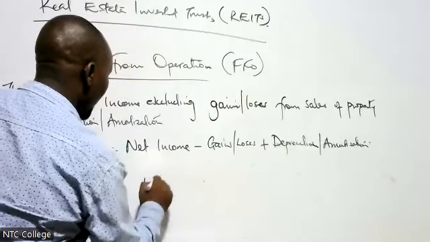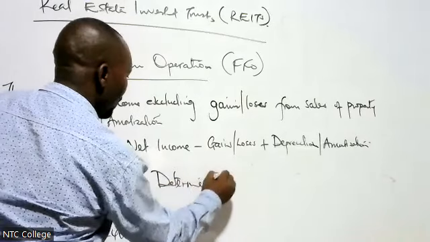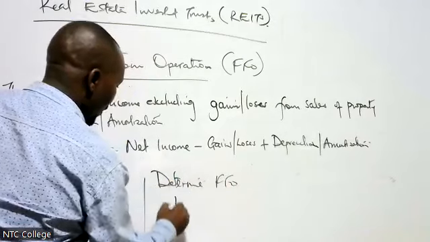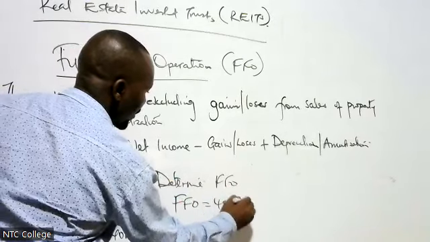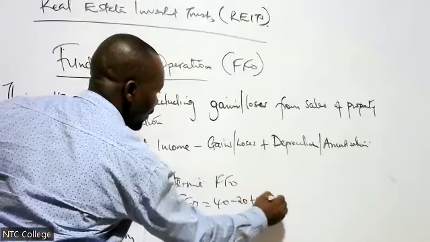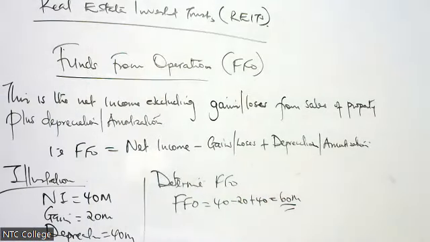Determine FFO. We are going to say that FFO is equal to 40 minus 20 plus 40, which is 60 million. Just simple like that.